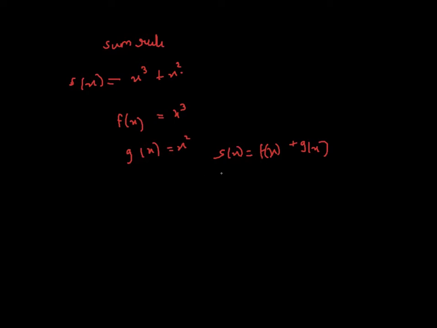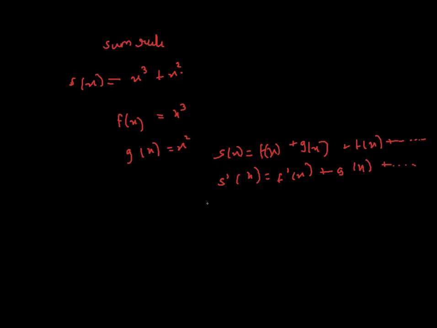So according to the sum rule, the derivative of the s of x function will be the sum of derivatives of the two functions, which is easy. Even if there are many functions, say plus t of x plus and so on, it will be the sum of the derivatives of the functions. So it will be the derivative of f of x plus the derivative of g of x plus the derivative of the rest.